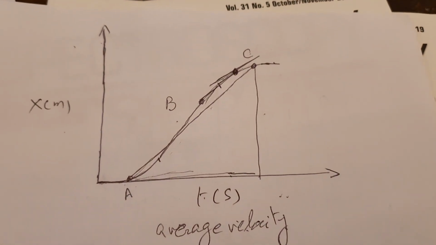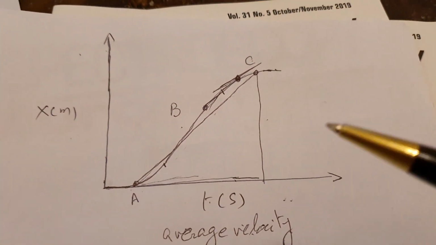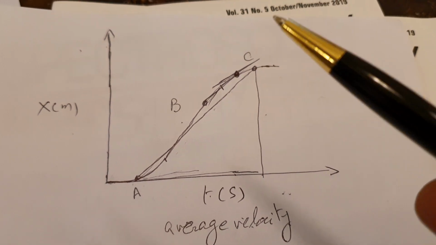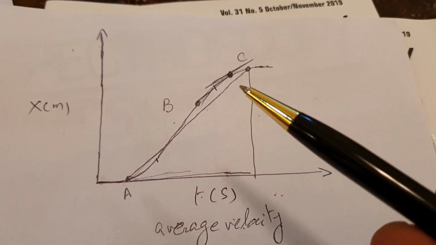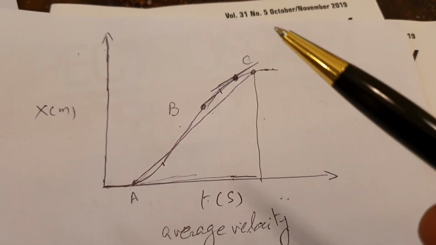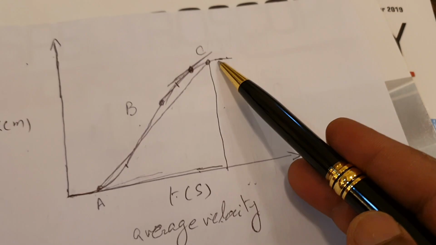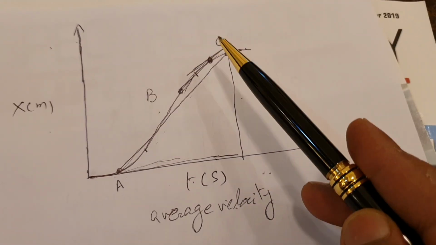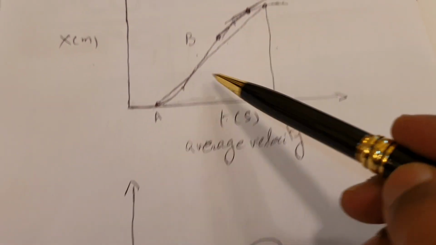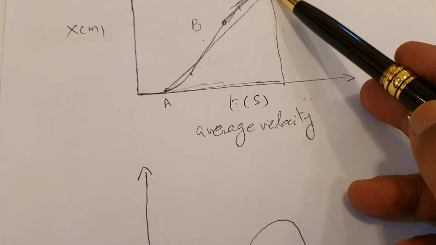velocity. So remember, the definition of instantaneous velocity is the velocity in the shortest interval of time, and the shortest interval of time in our course is 1 second. So this single point corresponds to 1 second only. These 2 points correspond to a time interval.